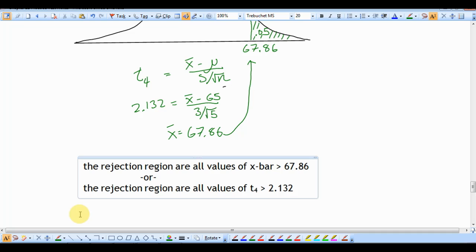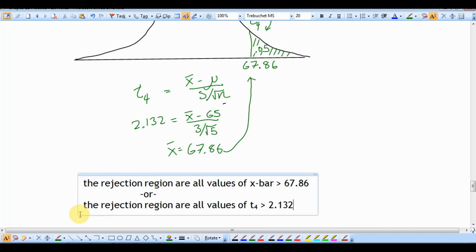This is actually an alternative way to do a test of significance. So in this version of the test of significance, we just need to find the rejection region. And then based on our rejection region and our test statistic, we can decide to reject or fail to reject.